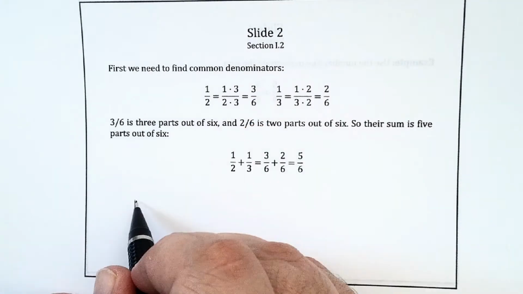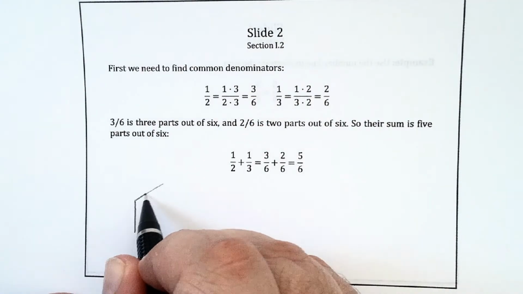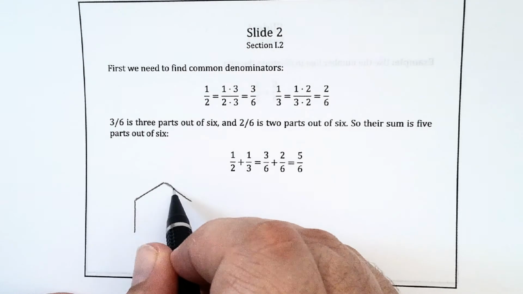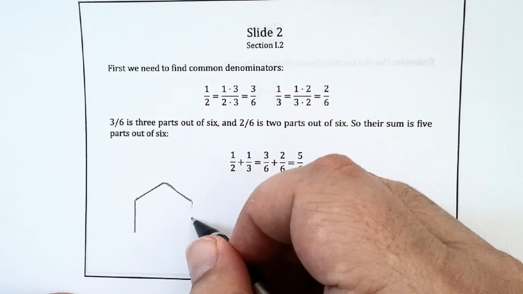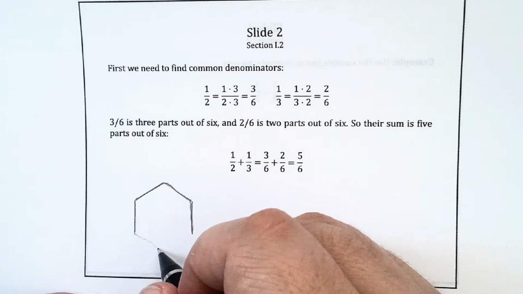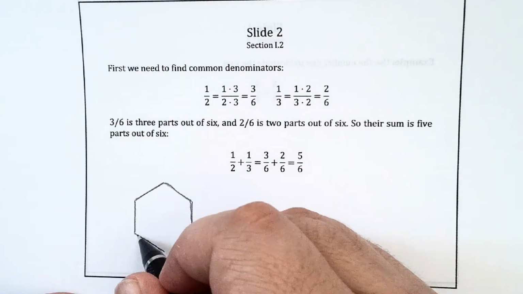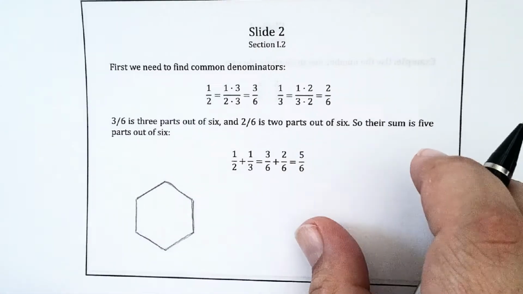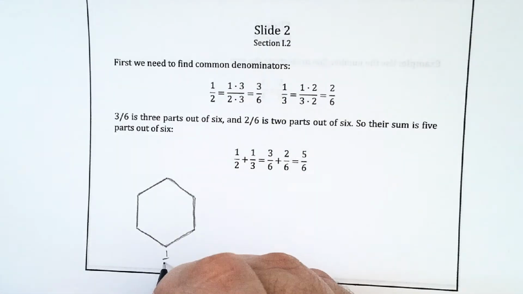But I'm going to use hexagons, just because we know that 6 is going to be involved. Okay, so this is supposed to be 1/2.